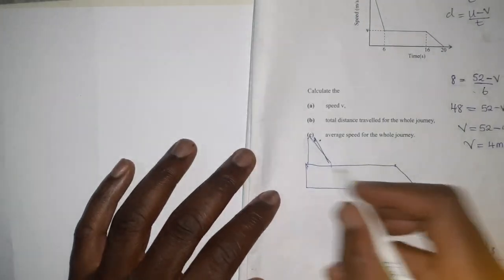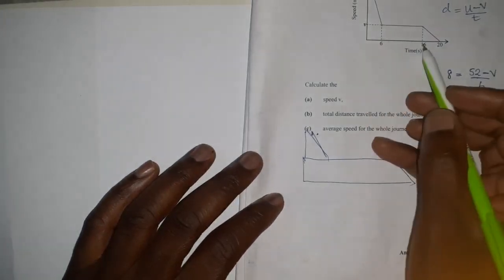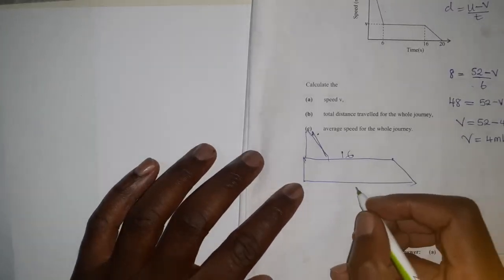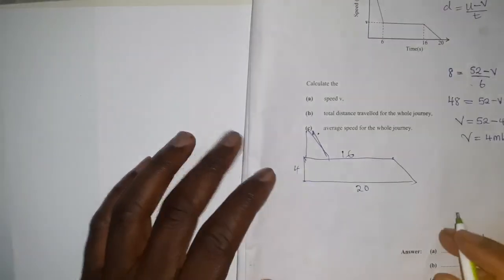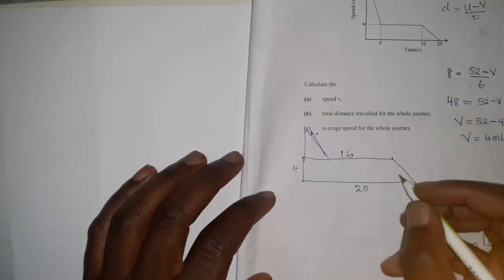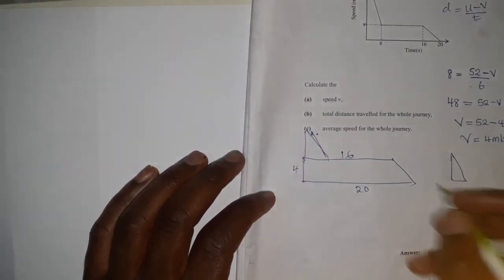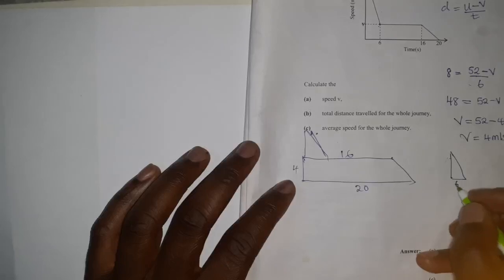So the area of the first one, which is a parallelogram, the whole distance from this point up to this one is 16. Then from this point up to this one, it's 20. Then from here, it is 4. Then for the triangle, the base from this point up to this one is 6.